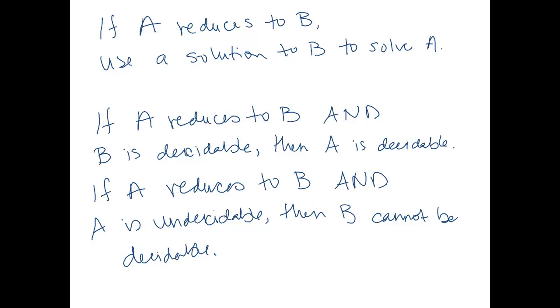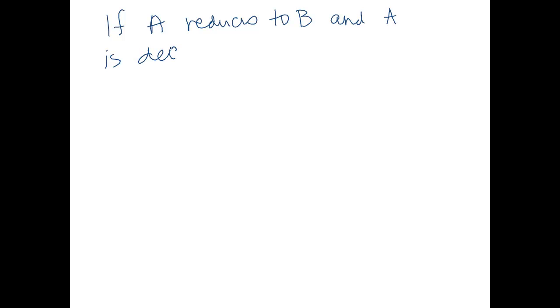Something to note is that we don't have anything that says this: if A reduces to B and A is decidable... I'm not even going to finish the statement because it's going to be false.